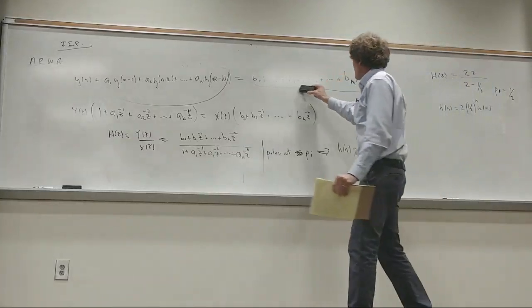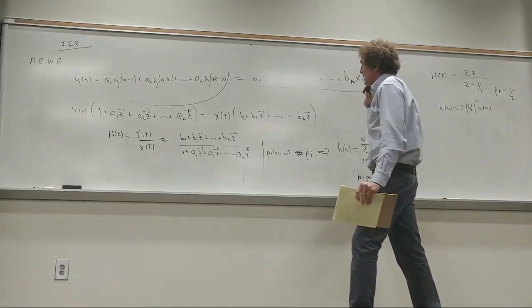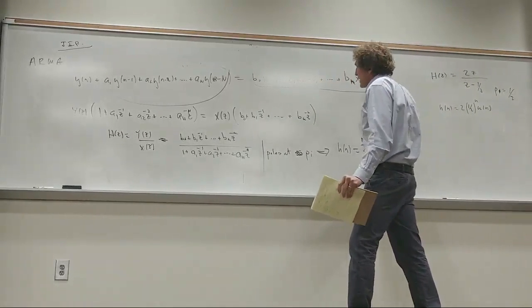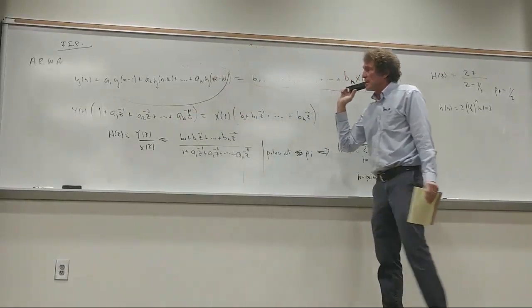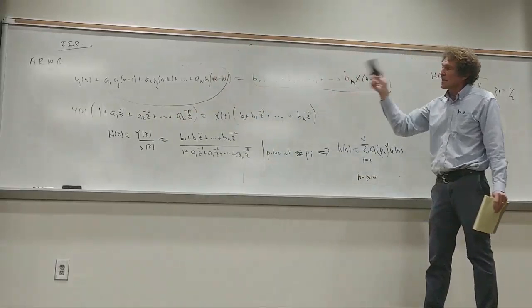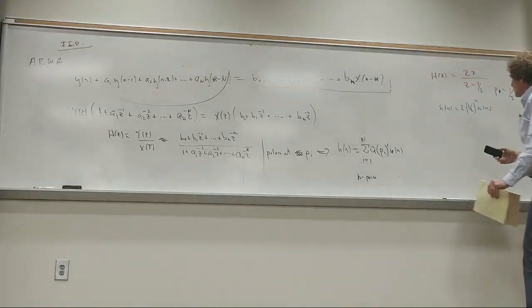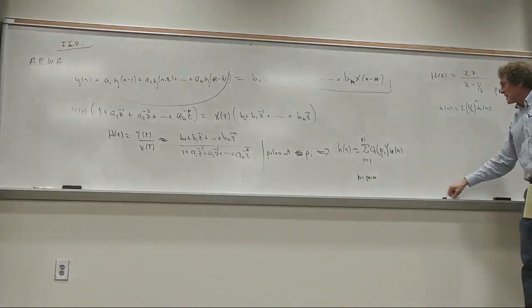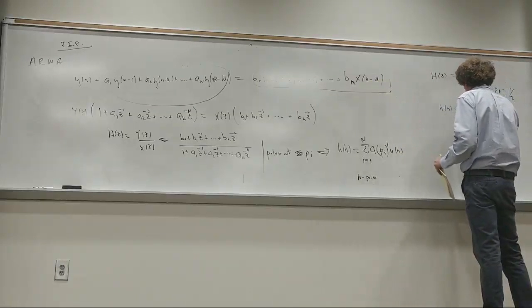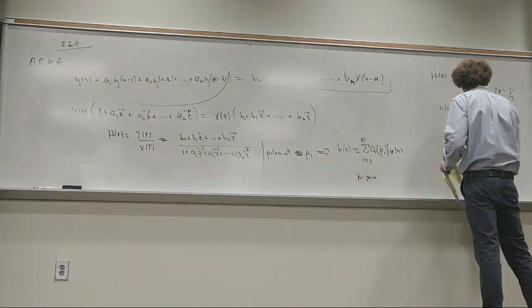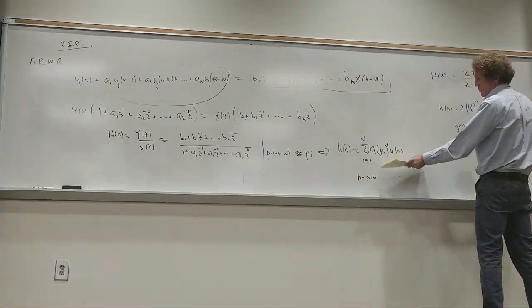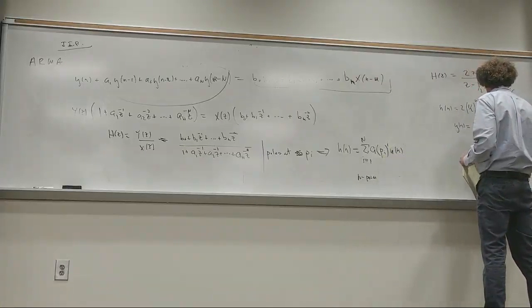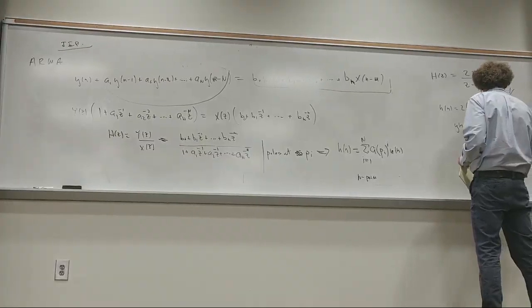I could take all these values, this is a regressive type thing, an average of all these values weighted by the b constants, and subtract it from all those values that I have circled there on this side to get y of n. Or I could also get y of n by doing what? I could say y of n would be equal to h of n convolved with x of n.